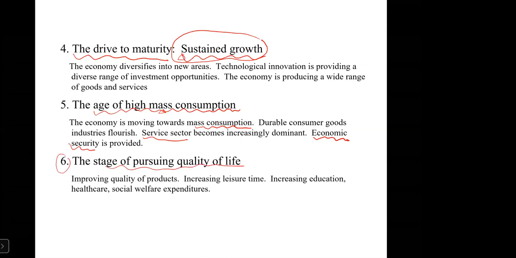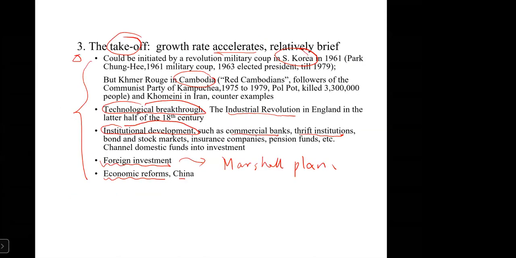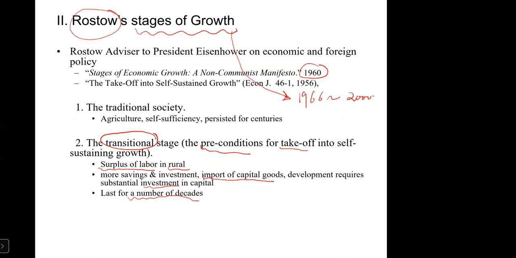They care less about investment and consumption; they care about other things, for example leisure time, education, healthcare, or social welfare. So this is the stages of growth, proposed by Rostow. Here I just give you a brief idea of how his stages of growth look.